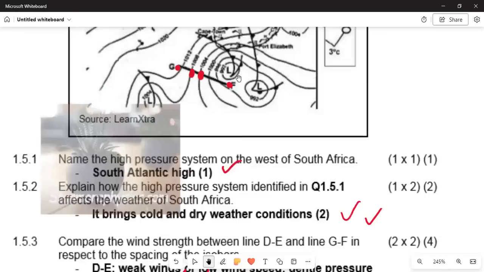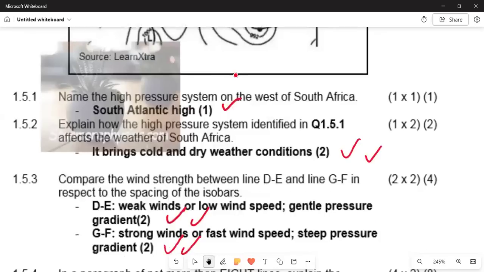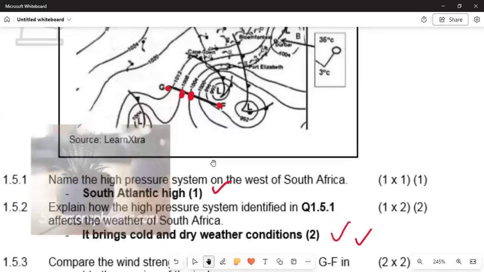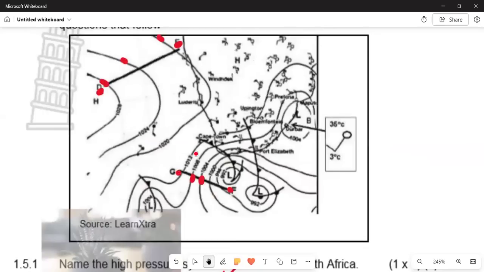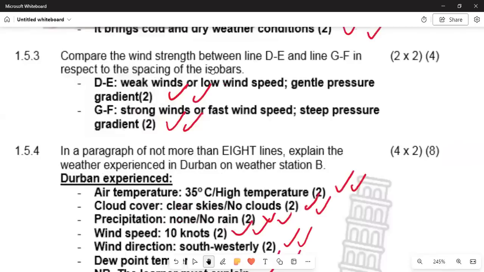So we are saying that in D and E, there are weak winds, low speed, and a gentle pressure gradient. In G and F, there are strong or fast winds and a steep pressure gradient, because of the isobars per hectopascal here. It is very steep, the isobars are close to one another, creating the effective weather condition.